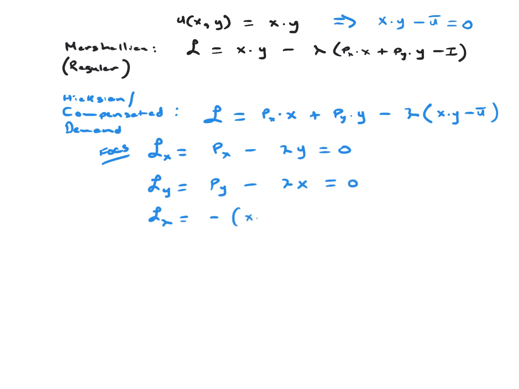And our final first order condition is going to give us back our constraint. Remember that final first order condition is always going to give us what I call equation 2. So we're just getting our constraint back. X times y is equal to our targeted level of utility.